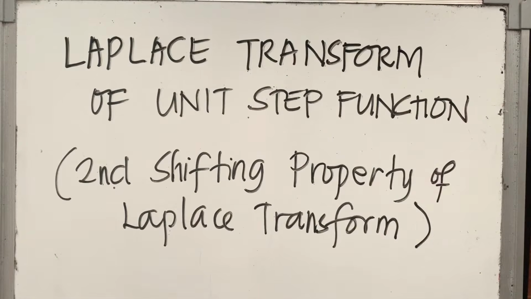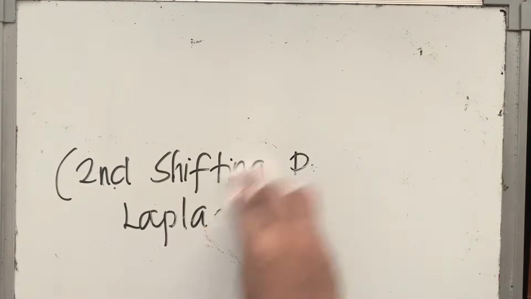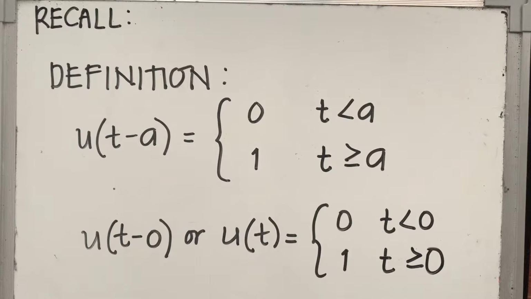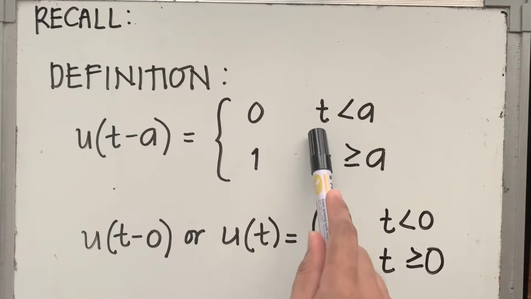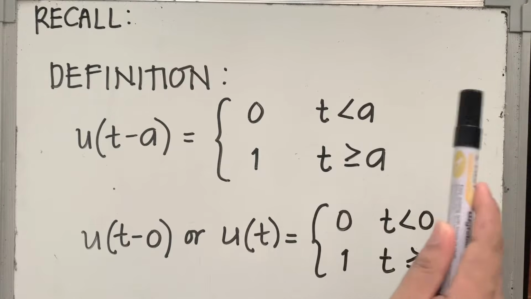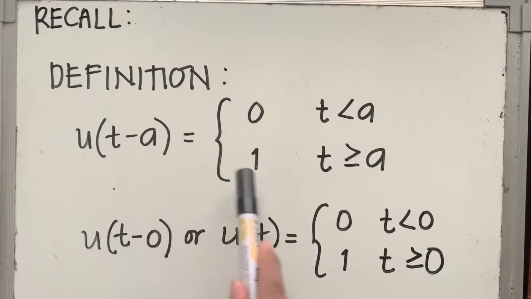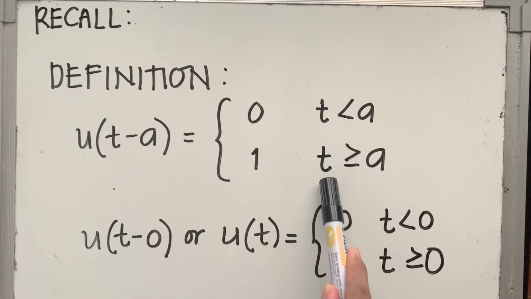So I know that we have dealt with this previously in our online class. So here it is. The unit step function is defined as, so the value is 0 basically at t less than a, and 1 at t greater than or equal to a.